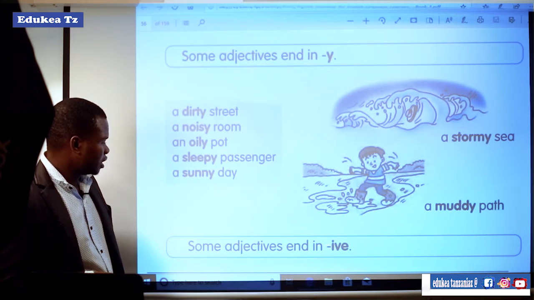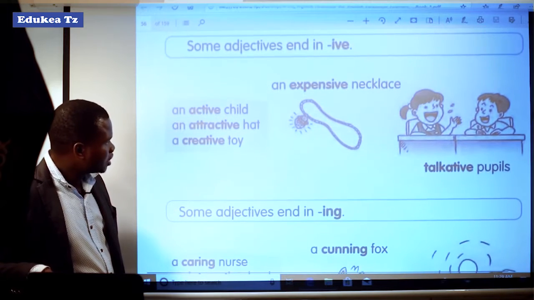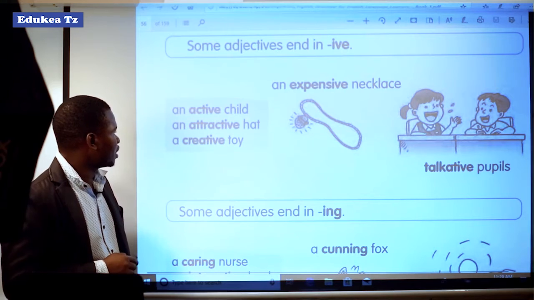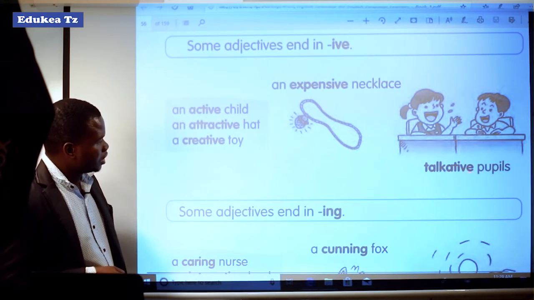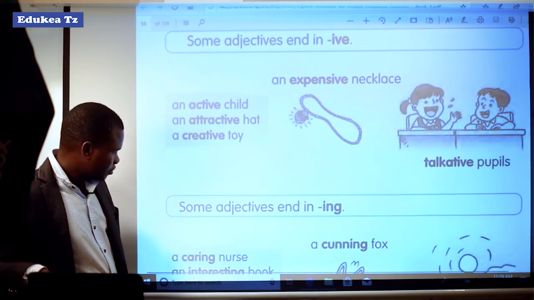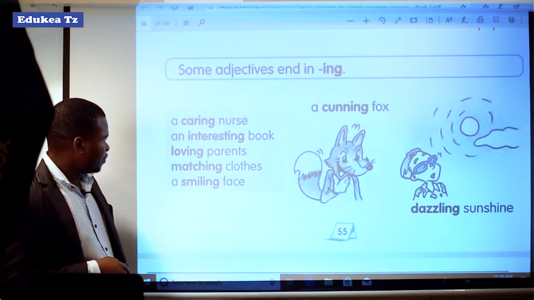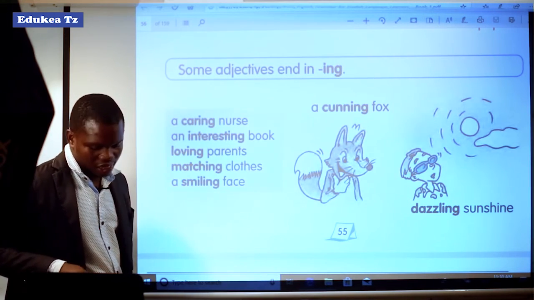Other adjectives end in ive, as in an expensive necklace, an active child, an attractive hat, a creative toy, talkative pupils. But some adjectives end in ing, like a caring nurse, an interesting book, loving parents, matching clothes, a smiling face, a cunning fox, as well as dancing sunshine.